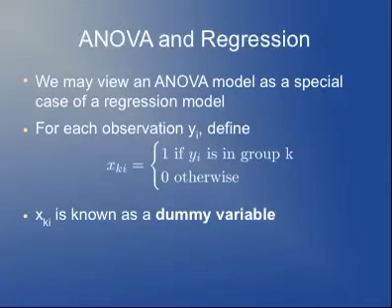And you could also create a dummy variable for each race group. There's a Caucasian dummy variable that's equal to 1 if you're Caucasian, otherwise it's equal to 0. Similarly, you can create an African American dummy variable that's 1 if you're African American, 0 otherwise, and so on down the line.